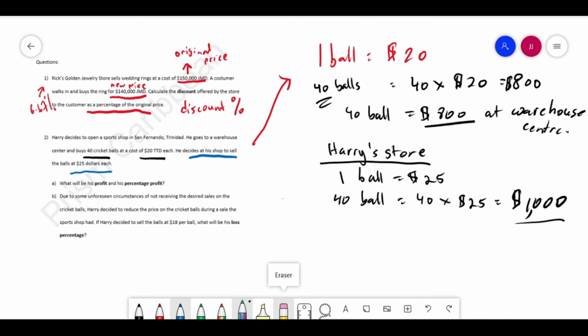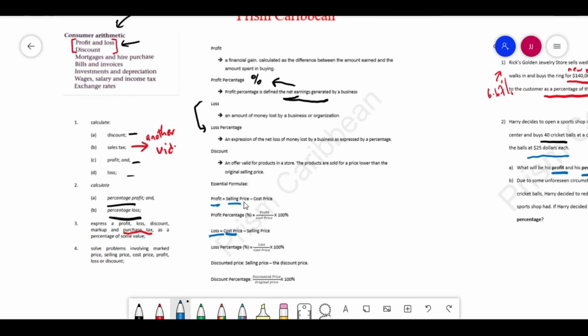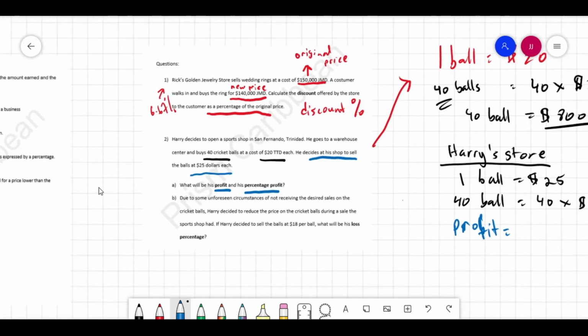So now we can instantly see he has made a profit from 800 to 1,000. So therefore, the first question is, what will be his profit and his percentage profit? Well, we know instantly, he bought the balls for $800 and sold them for $1,000. So the profit using the formula given here is equal to the selling price minus the cost price.